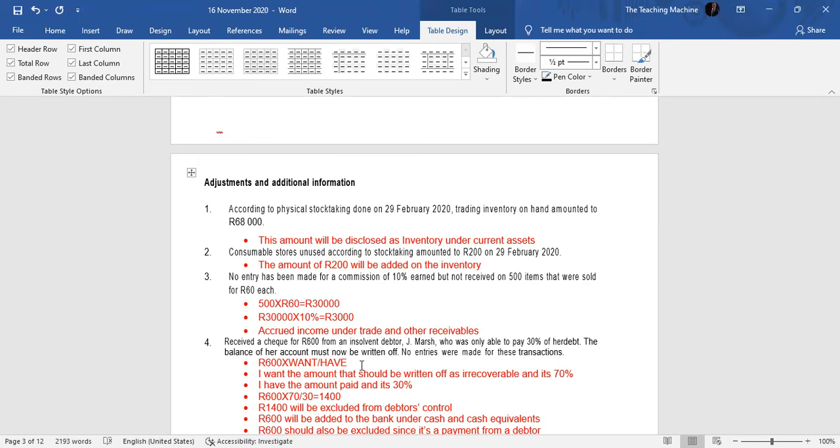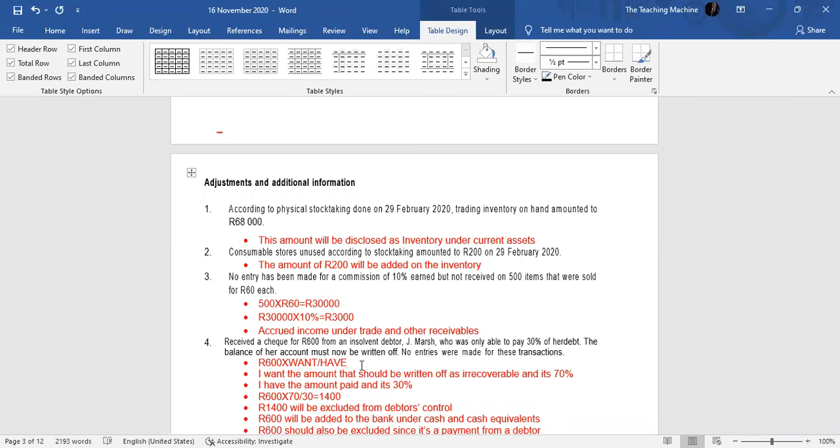Say, for example, in future, J Marsh becomes solvent. If she becomes solvent, she will be able to pay off this 1.4. Now, if she pays this 1.4, we will record it as bad debts recovered. We have recovered from the bad debt.